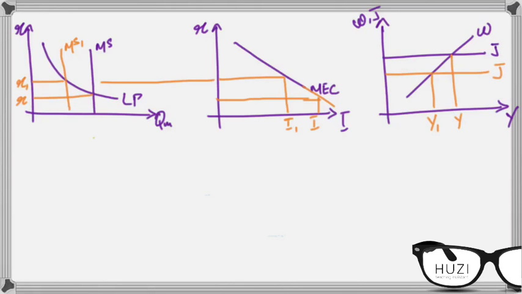But if equilibrium income falls, this will lead to a fall in the demand for money.